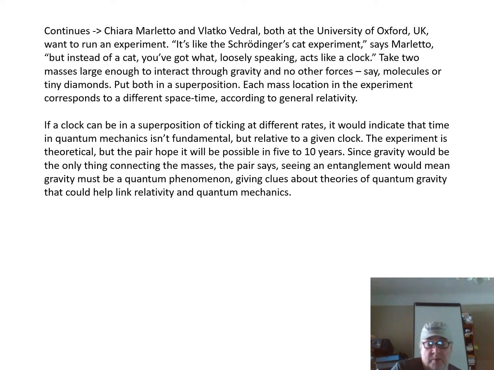Since gravity would be the only thing connecting the masses, the pair say seeing an entanglement would mean gravity would be a quantum phenomenon, giving clues about theories of quantum gravity that would help in relativity and quantum mechanics by linking them.